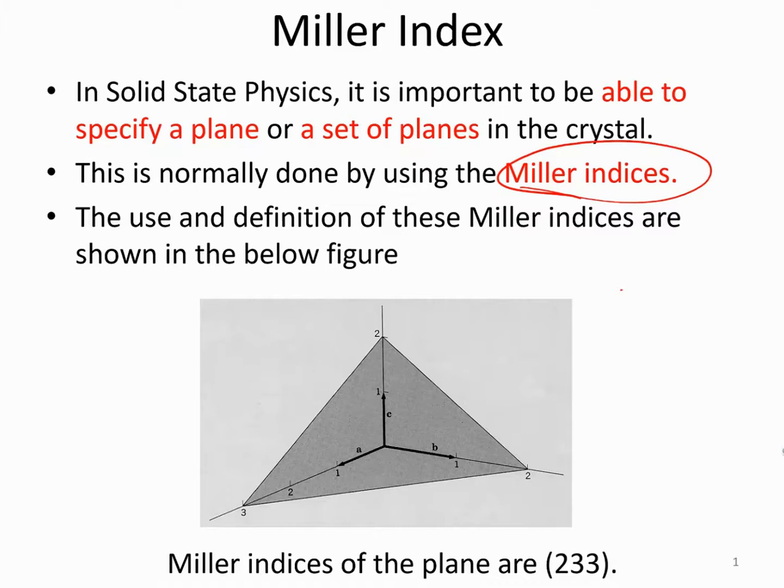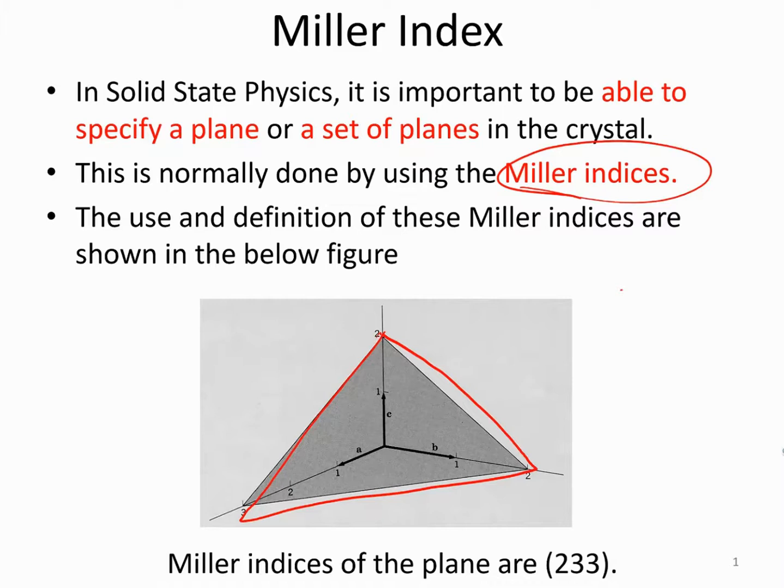How do I identify this plane, and how do I write the index for this plane? The use and definition of these Miller indices are shown in the figure below. Let's say this is one plane. I want you to tell me what plane it is. Can you name it, based on the Miller indices technique?